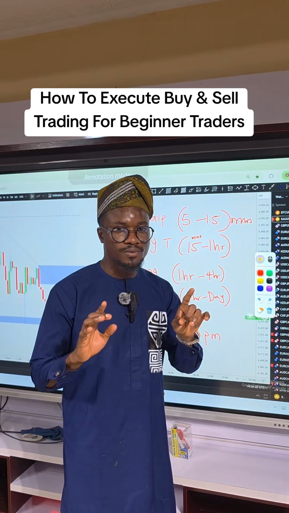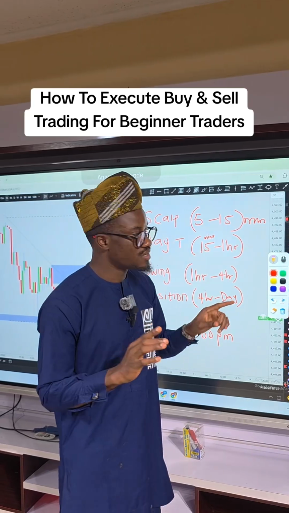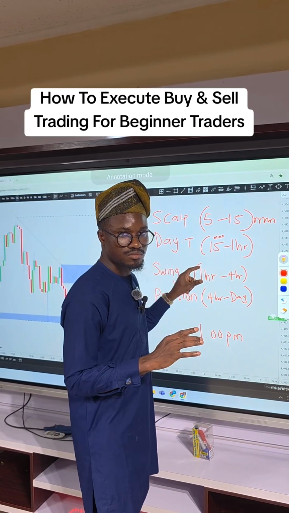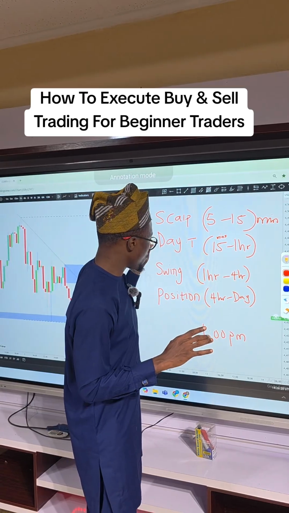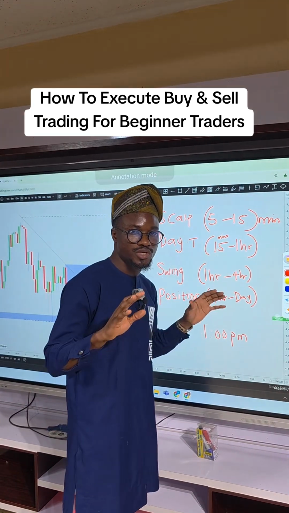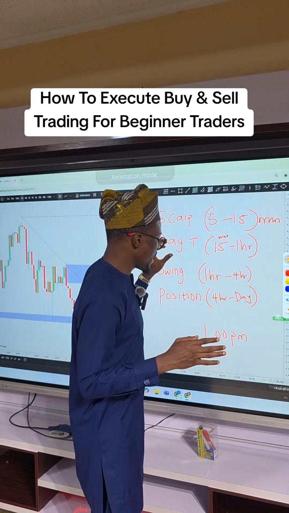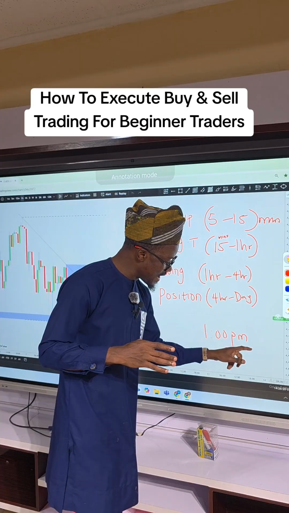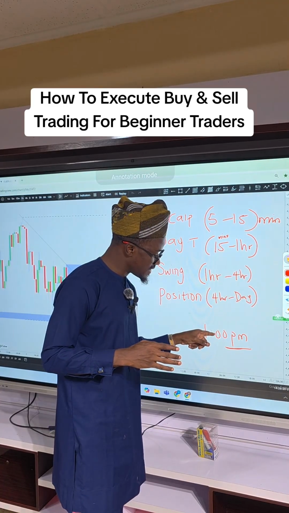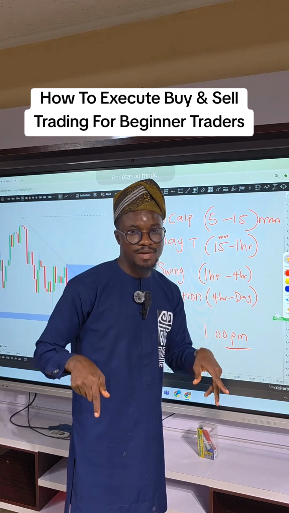First thing you have to do is check the parameters. Is it a scalper or day trader or swing or position trading signal? Once you verify it, then you check the time. Check the time related to your present time at the moment.